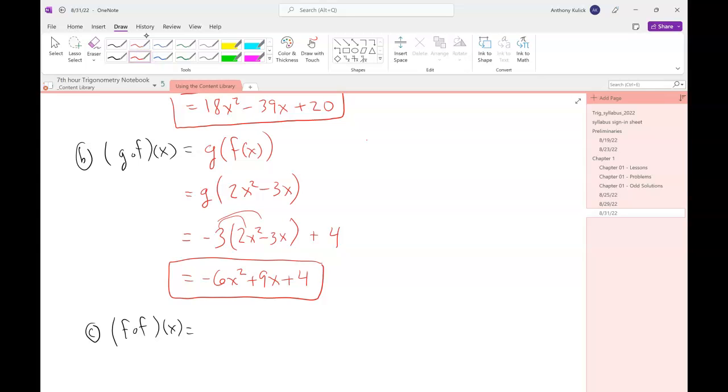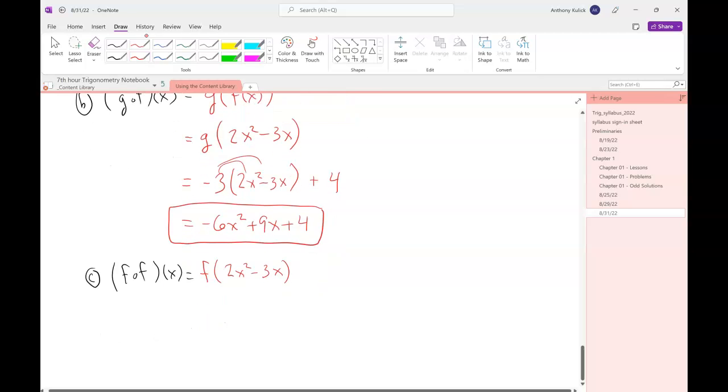Look at this one. f compose f. Can I do that? Sure you can. Is it going to be a pain in the tuchus? Yeah, pretty much. Mr. Kulik, show your work. Okay, guys, I will.